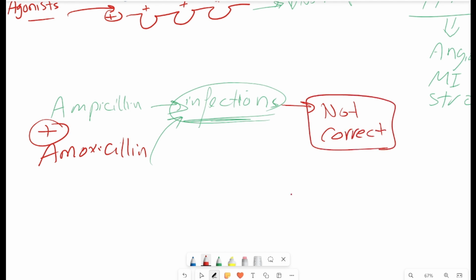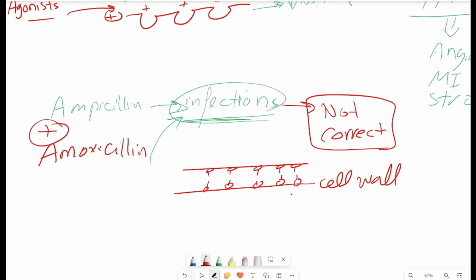It's not correct in practice, because both ampicillin and amoxicillin work on the same target. These medications work on the cell membrane or on the cell wall of bacteria.